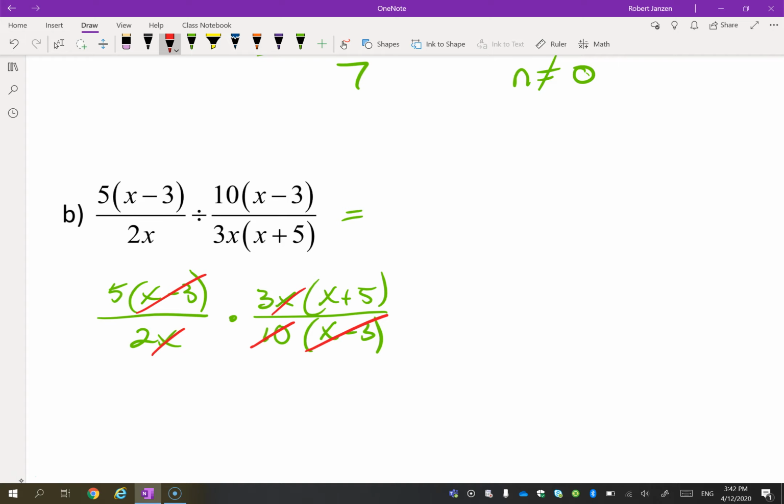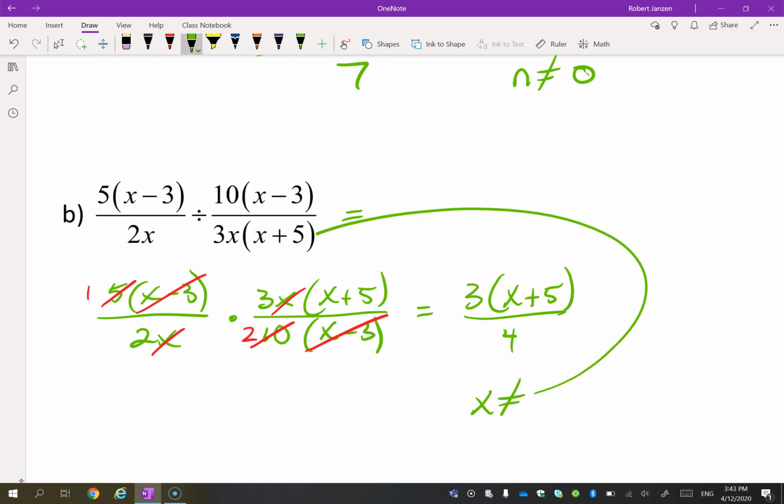Yes, the 10 and the 5 can be reduced to 1 and 2 like that. So, simplifying, multiplying across the top, I'm left with just 3 times x plus 5. Multiplying across the bottom, I'm left with just 4. X cannot be, again, we're looking here, so x cannot be 0, and it cannot be negative 5.